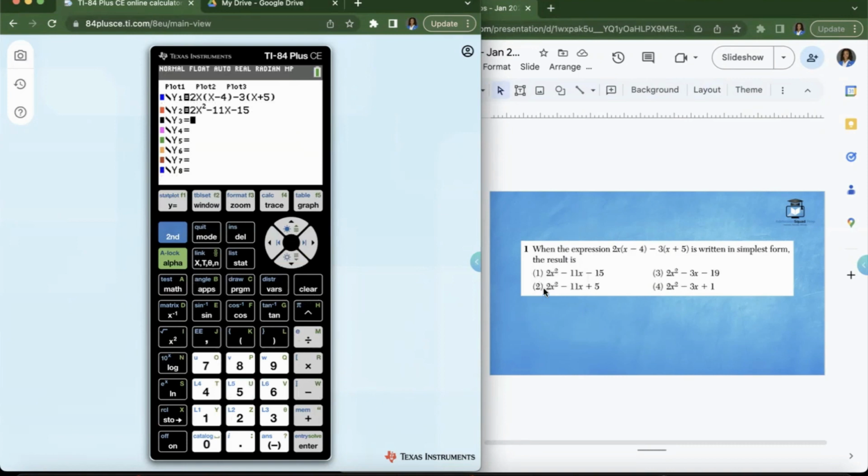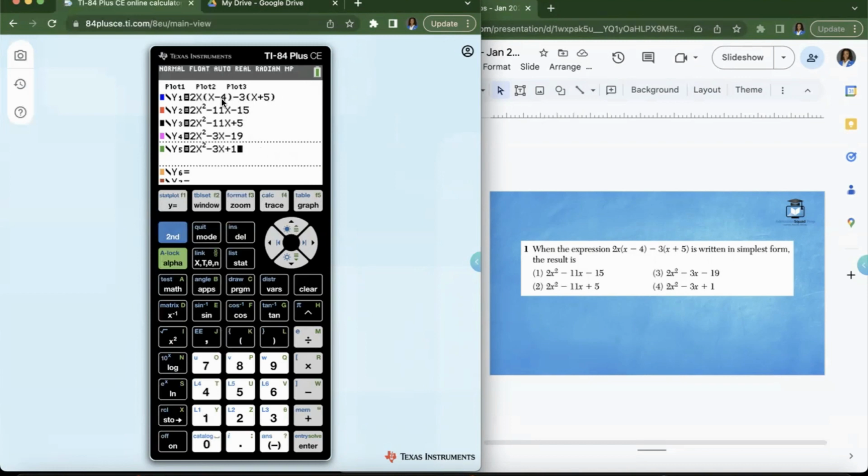I'm going to enter the second answer choice in y3. So I have 2x squared minus 11x plus 5. Then we have 2x squared minus 3x minus 19. And finally, I have 2x squared minus 3x plus 1.